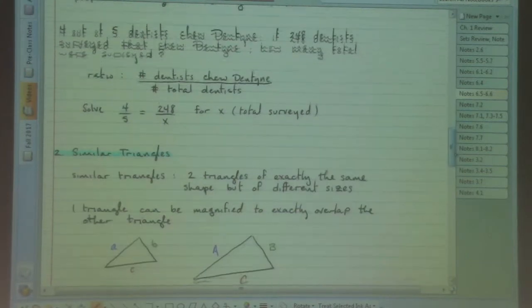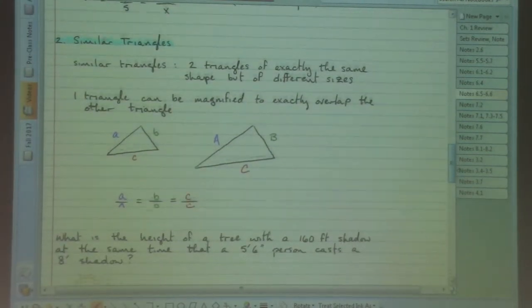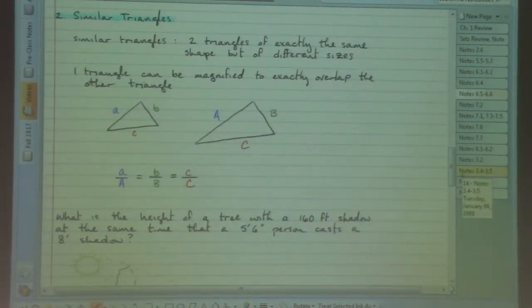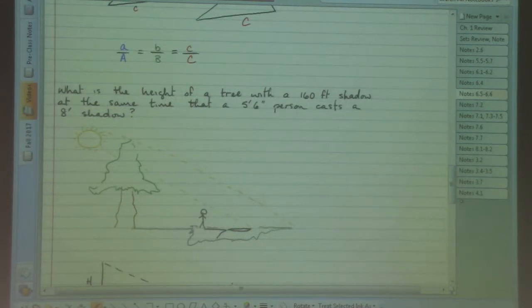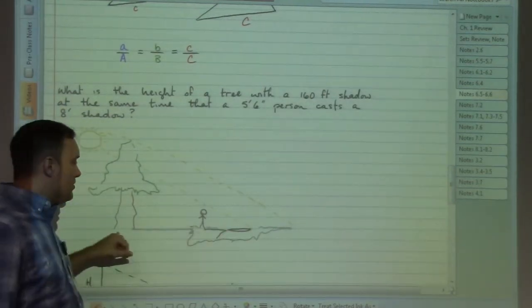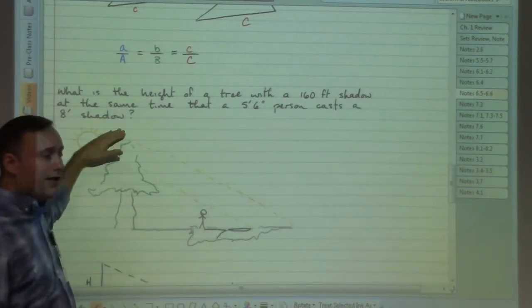Without fancy gadgetry, I can use the idea of similar triangles to do things like the old school way of finding the height of a tree based on the shadow of the tree versus the shadow of a person whose height is known. So if I'm hiking along and my wife is 5'6" and I measure her shadow, and then I measure the tree's shadow, I can figure out how tall that tree is.